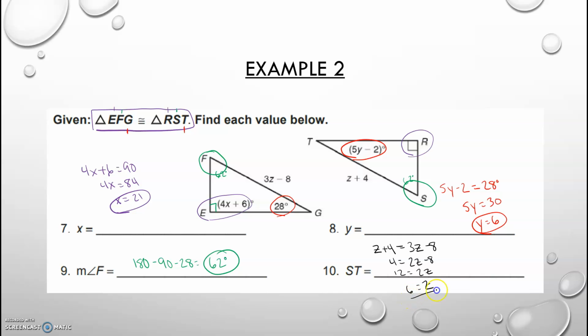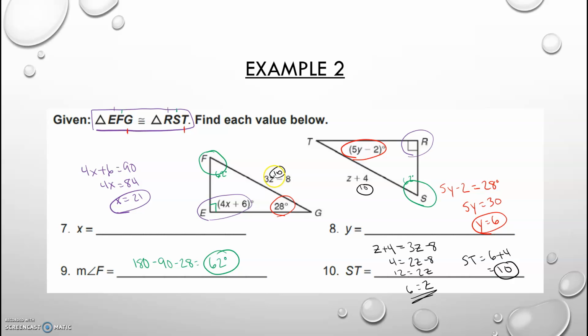Be careful. They did not ask for Z, they asked for ST. So ST is Z plus 4. So ST is 10, and FG is 10. And you can do the math. 3 times 6 is 18, minus 8 is 10.